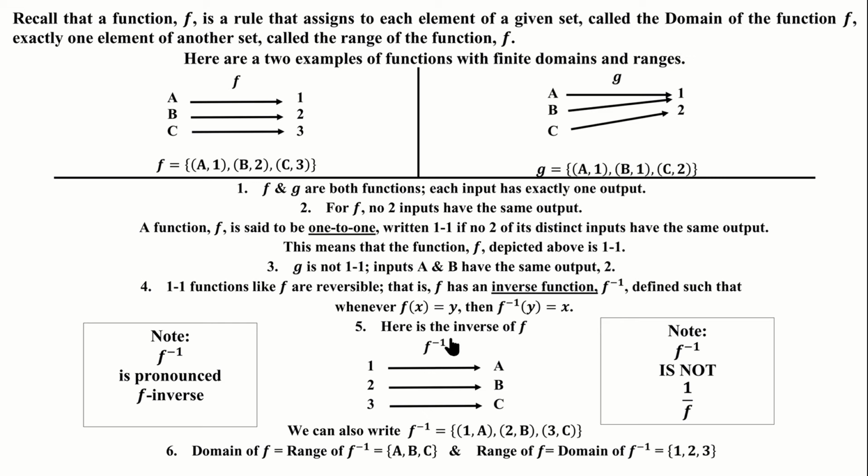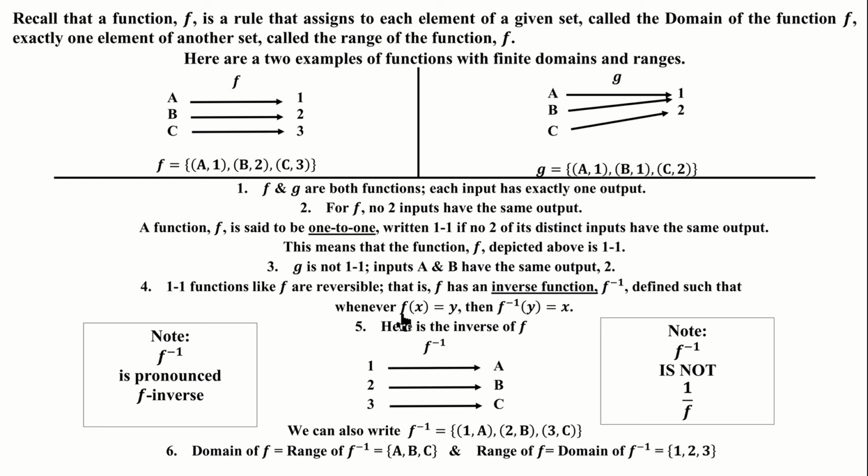This is a new format for using this notation, and we call it f inverse. And basically, whereas f sends A to 1, f inverse will send 1 back to A. It'll do the same with 2 and 3. It'll send them to the original inputs they came from. This becomes a function in its own right, and it is called f inverse.